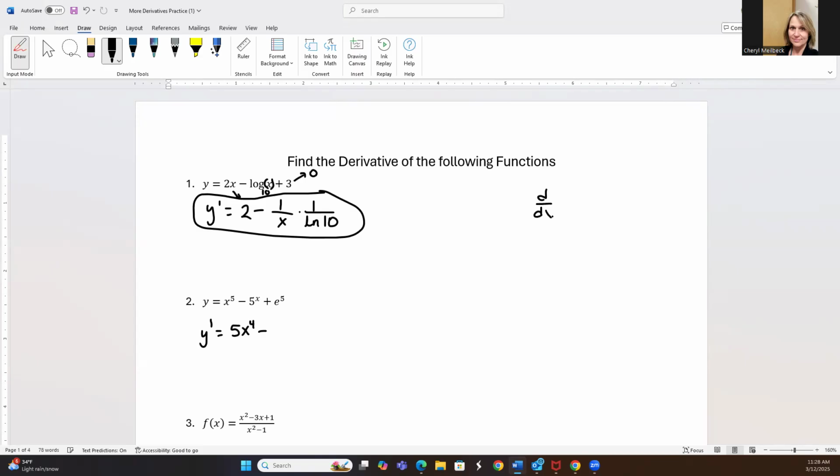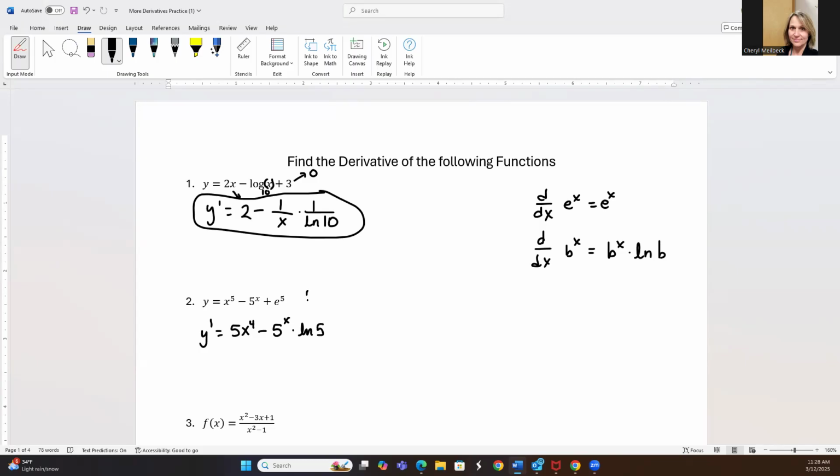So once again, when we take the derivative of e to the x, we simply get e to the x. But when we take the derivative of some other number to the x power, it's that number to the x power similar to above, but then we have to multiply it by the natural log of that base. So when we take the derivative of 5 to the x, it will be 5 to the x times the natural log of 5.